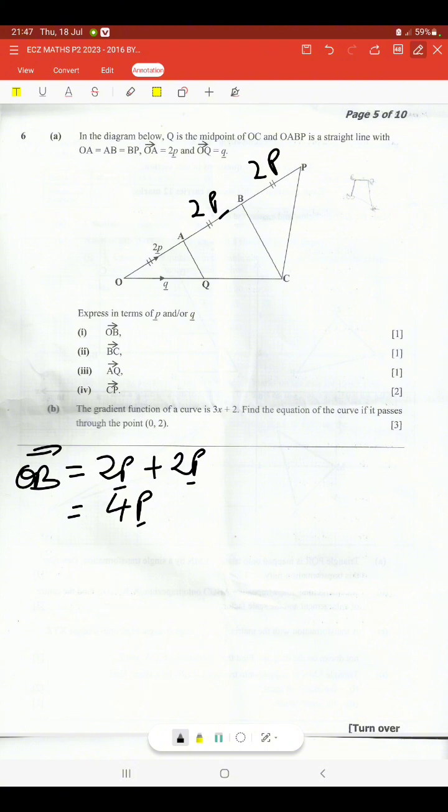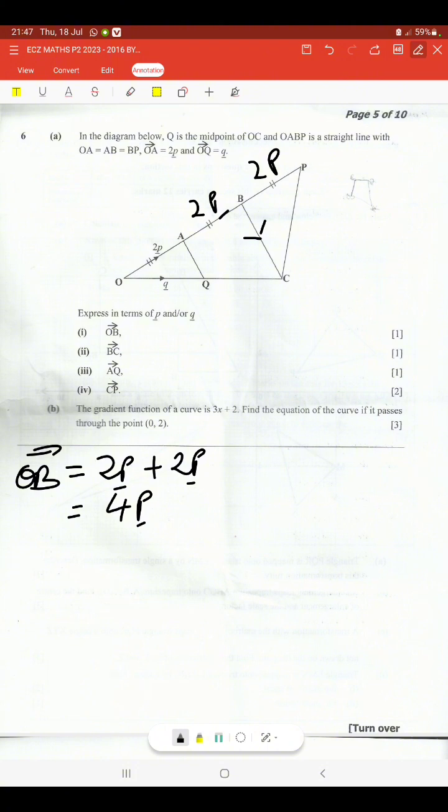Then question 2 is saying find vector BC, express in terms of P and Q. Vector BC is going in this direction. So we're going to use the triangle rule to calculate BC.